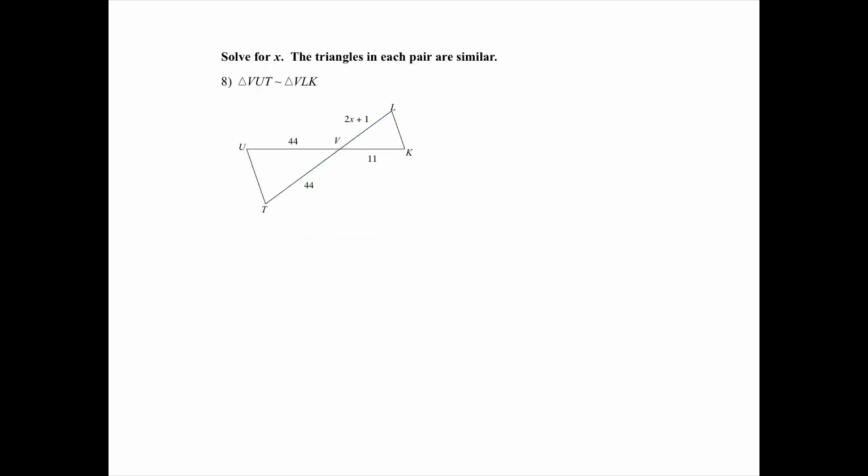And so now I want to solve for x, right? The triangles in each pair are similar. They're already telling me that they are similar. So in this case, we know that those two angles are congruent. So 44 is to 2x plus 1 as 44 is to 11, right?